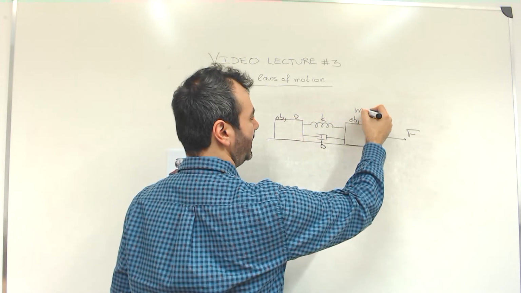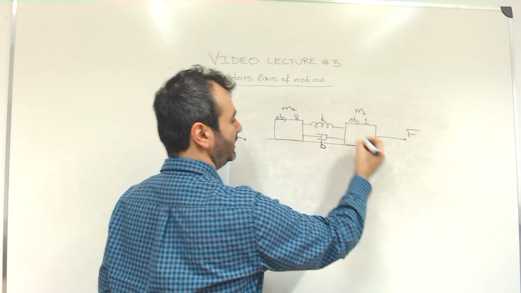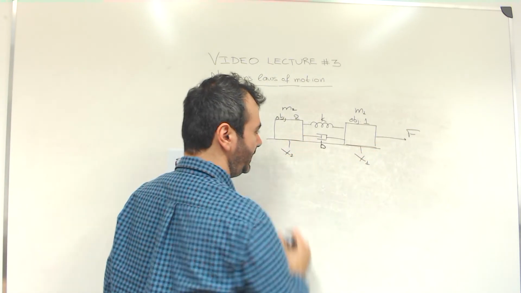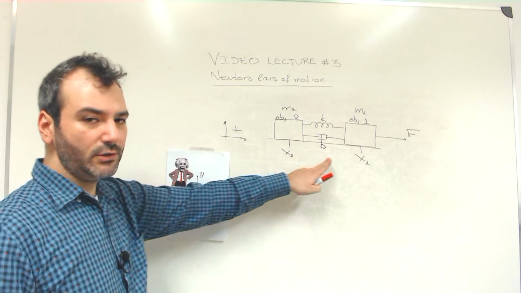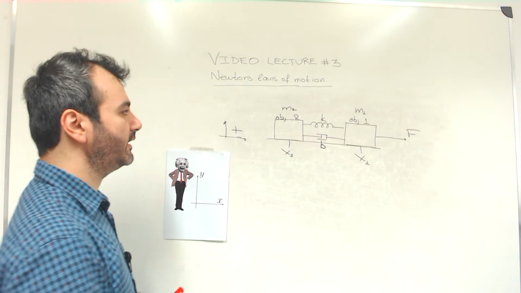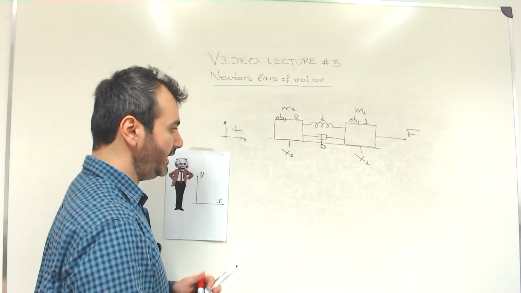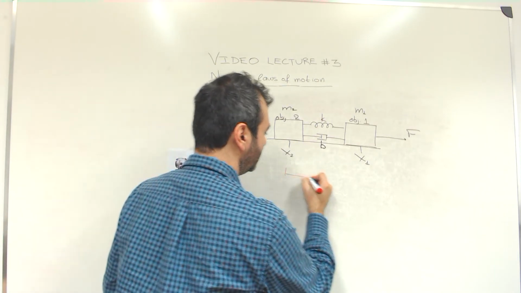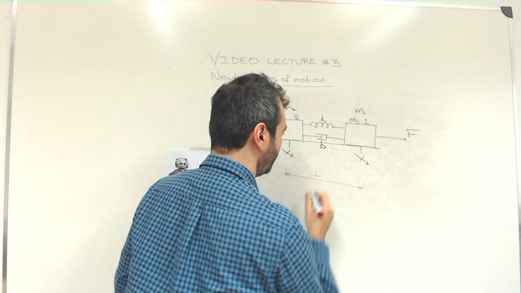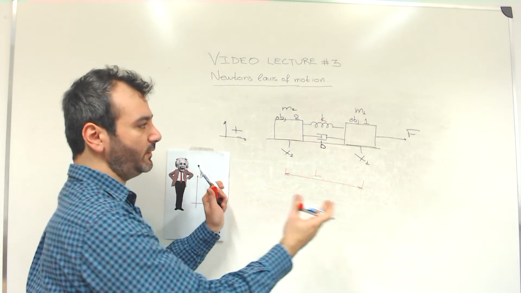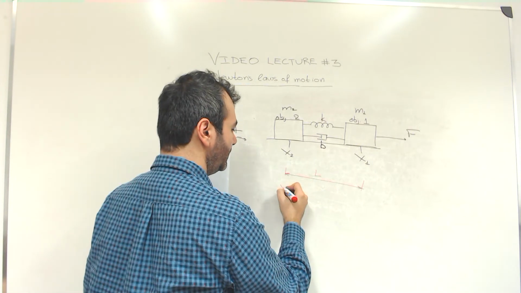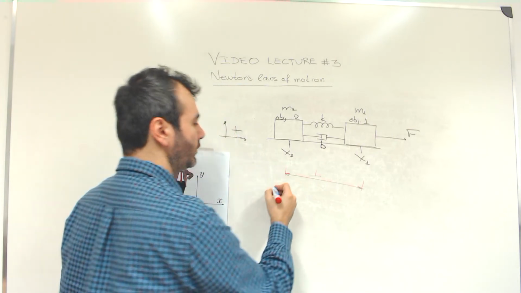This has mass m1, this has mass m2. This is at position x1, and this is at position x2. To be able to solve this exercise, I must tell you that the natural length of the spring is equal to L. So whenever the distance between the two objects is equal to L, then the force of the spring is equal to 0. So what is the distance?